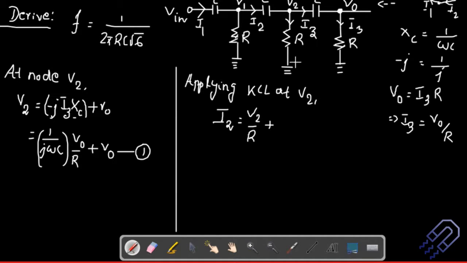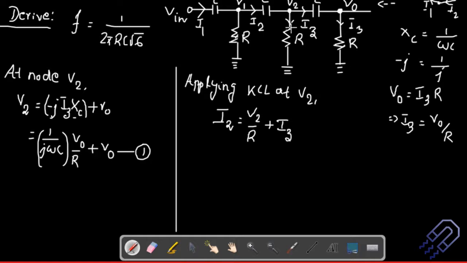Plus we have I3. Please remember, this is the final current here, so this I3 is the same. It's not getting divided. Although I've shown it, the output is here. So I3 is not getting divided. This is the final current. But at this particular point, I2 is getting divided. One part of the current is flowing across this, and I3 is flowing across this.